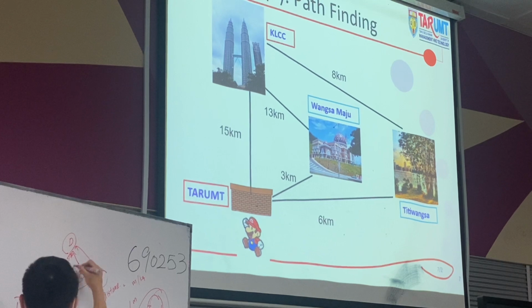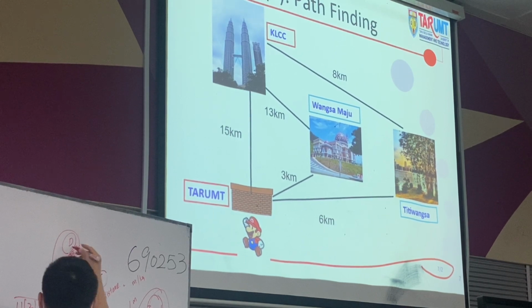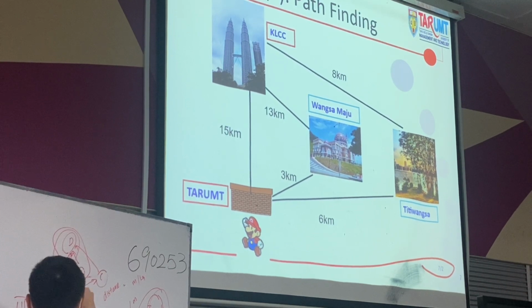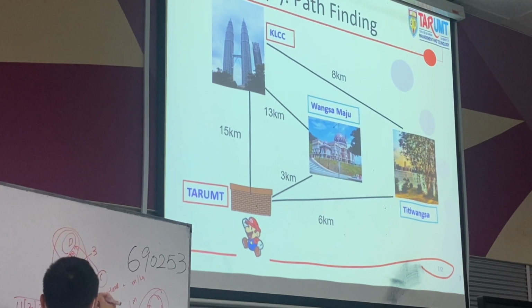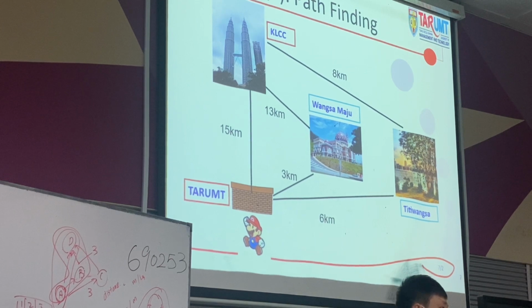If you take this path, then the total stations is A and D, 2 stations. If you take this path, then 1, 2, 3, 3 stations. If you take the last path, also 3 stations. So this is about stations. It's not related to distance.